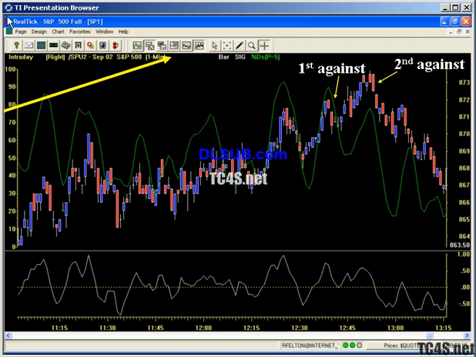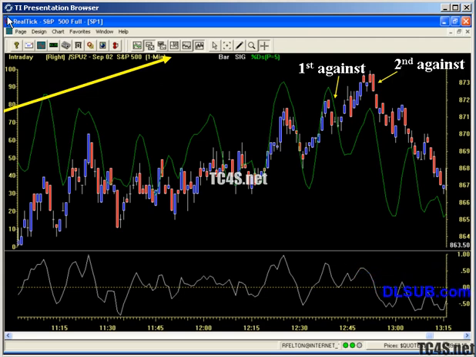Whether we are looking at the buy or sell version of this type signal, it's important that either the first or the second against the trend not be choppy. That is, one or the other must have more than 2 points of volatility or up and down price movement within the signal.